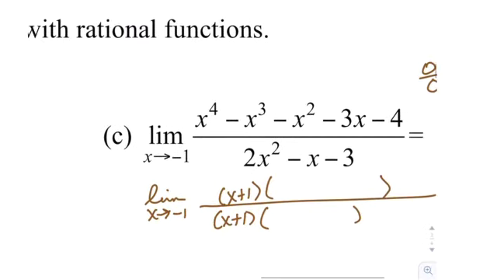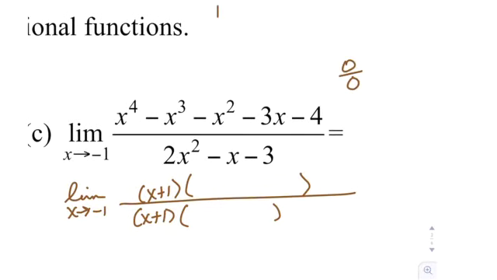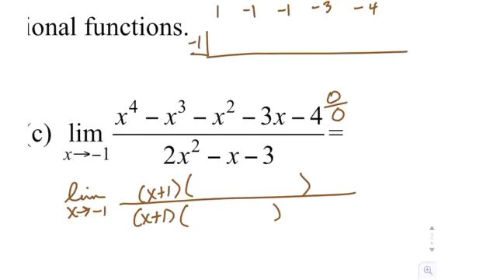Let me see, I haven't done it yet. 1x to the 4th, -1, -3, -4, and -1. Move this out of the way. Okay, gravity, right? Boom. Now you multiply this times that.